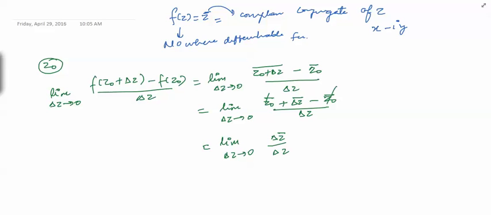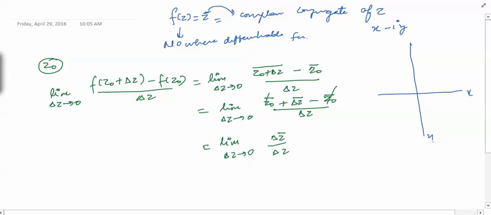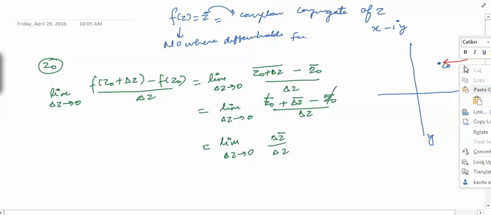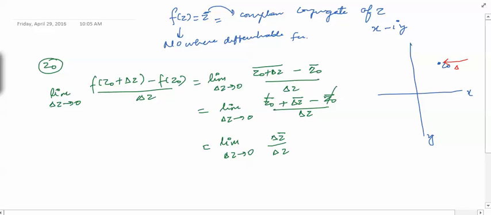Okay, now you have the following situation. You have your x-axis, and this is your y-axis, right? Here is your point z0, and you have to approach this point. So one way is that I am approaching this point along a horizontal line, right? It means that my del z is actually del x. There is no vertical component.